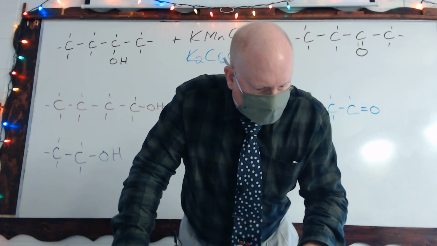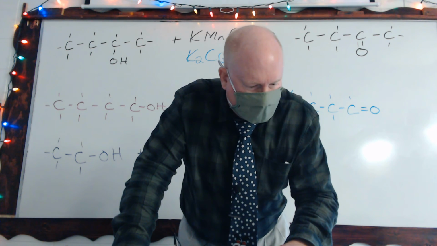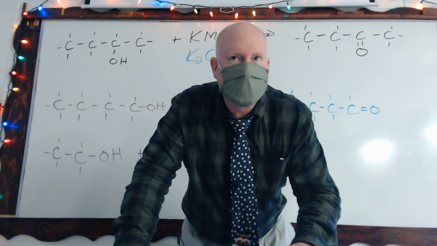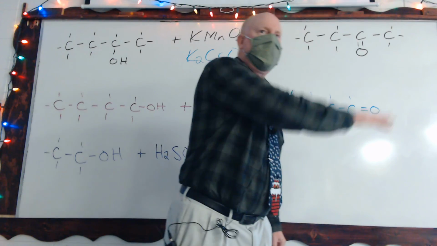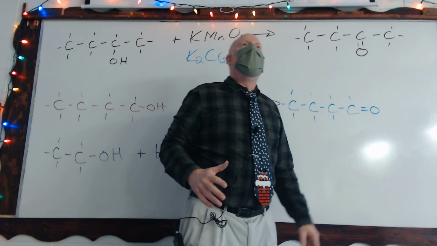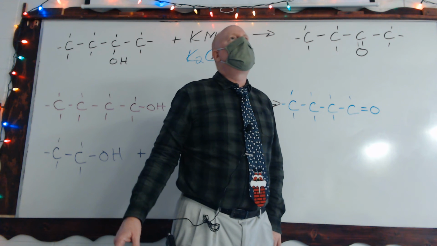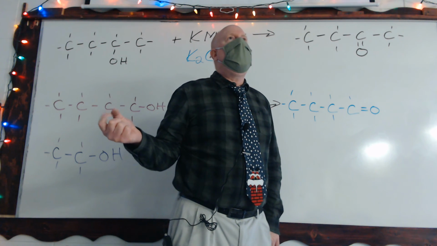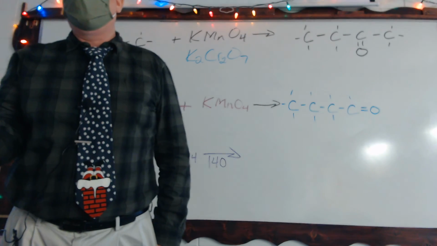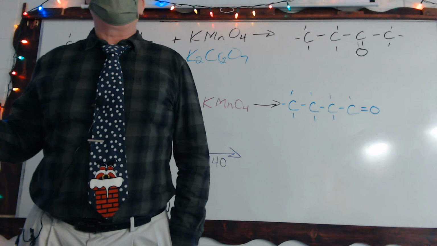Oxidation proceeds from the primary alcohol all the way to the carboxylic acid without stopping at the aldehyde stage because these oxidizing agents are too strong. It just keeps on going until you reach the end. One way to look at that is if you had a really strong acid, hydrofluoric, hydrochloric, any one of those, and you put your finger in there, or maybe even hot water is better.